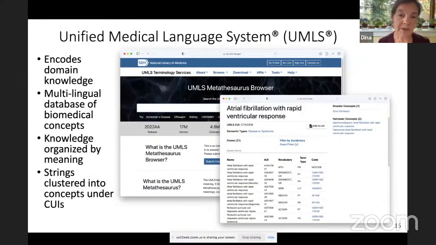But to populate that frame automatically, we need some kind of a source of knowledge to know in that question what is the problem and what are the interventions. Luckily, in the biomedical domain, we have this Unified Medical Language System that is supported by the National Library of Medicine, and it is organized around these biomedical concepts.